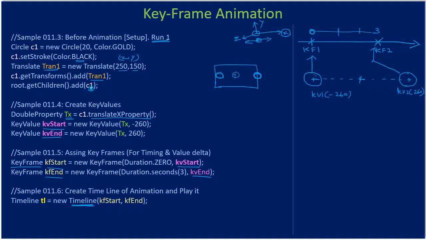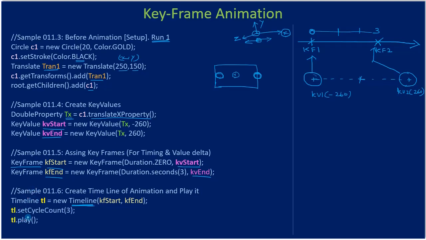So we retrieved the transformation for the C1 object, right? So this is the shape involved. The shape is circle, TX. We extracted it and we gave that TX. That means circle at -260 and circle at +260. At 0 second, it will be at -260, and at the third second, it will be at +260.